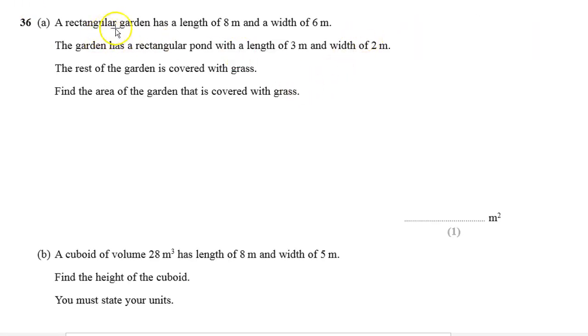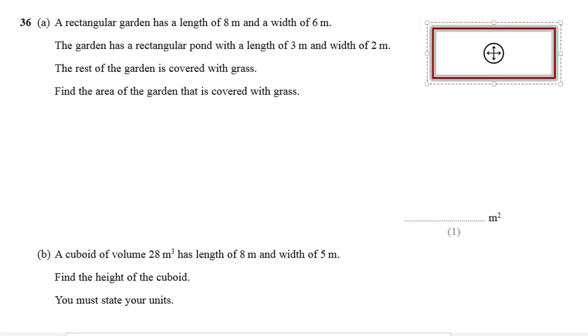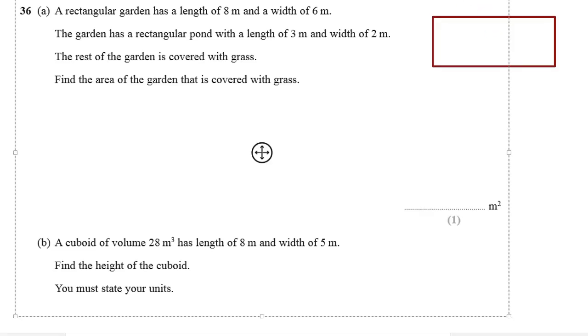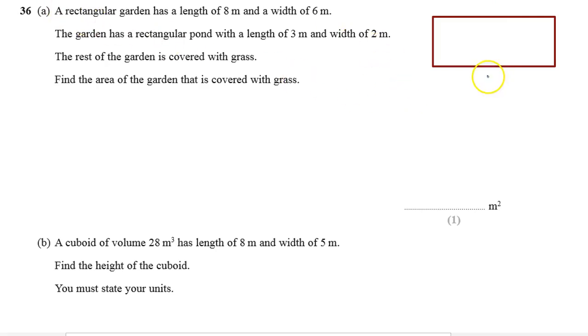Question number 36. A rectangular garden has a length of 8 meters and a width of 6 meters. So let's say this is the garden. This is 6 meters. This is 8 meters. This is 8 meters, and this is 6 meters.